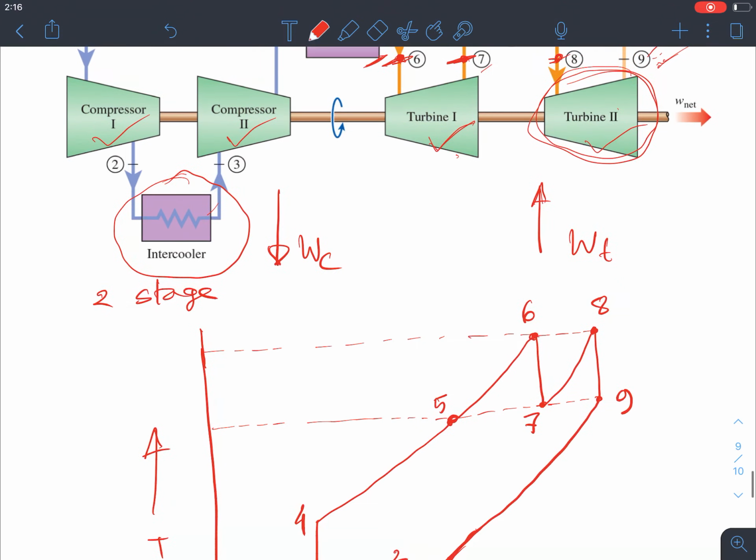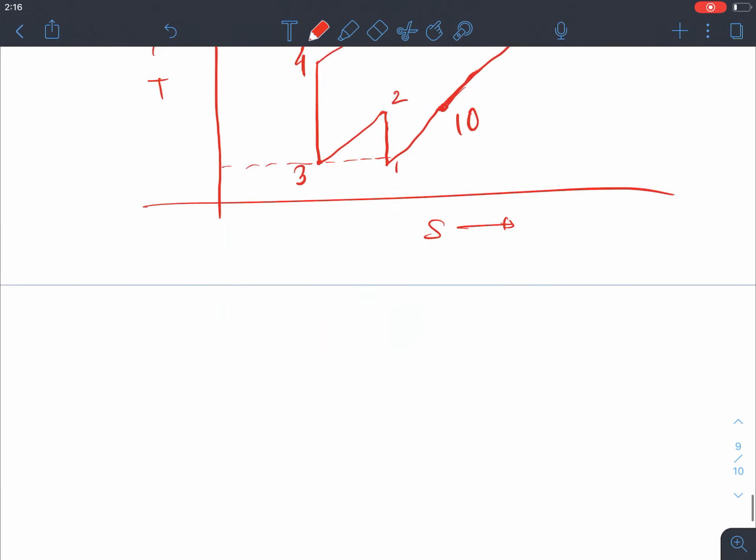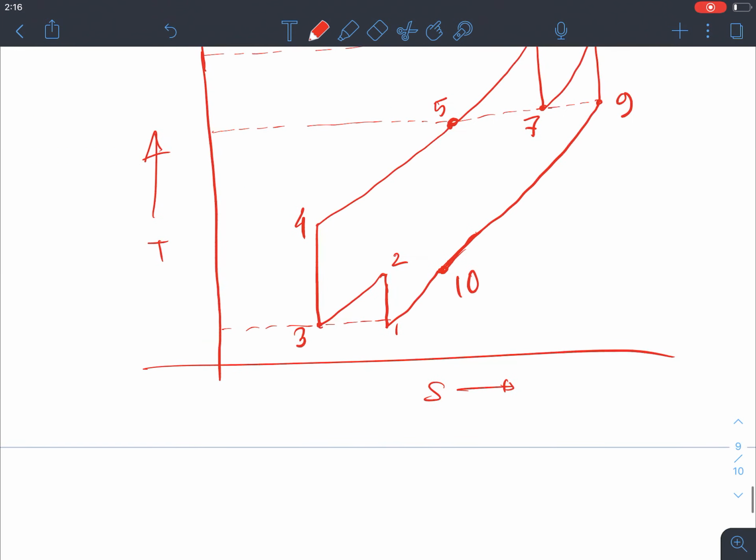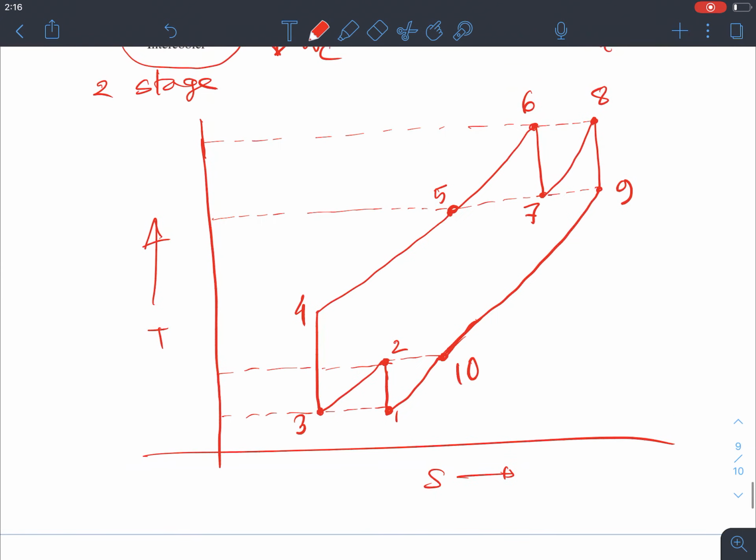And what else? So 3 and 1 would be the same, because before the compressor, both of the compressor inputs are the same. So this is compressor 1 and this is compressor 2. And then compressor 2 output temperature and regenerator temperature will be the same, right?